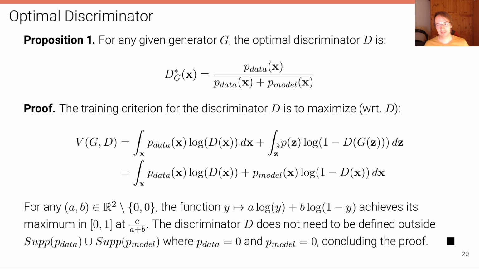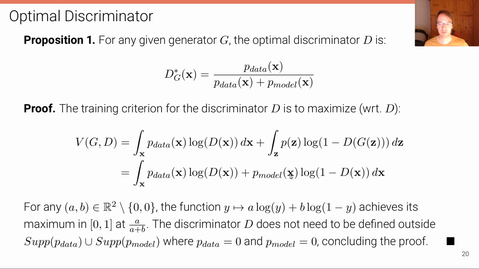Now, this expression here is equivalent to this expression where we have the integral over X, but on the right hand side we've replaced the prior over C with the actual model distribution that's induced by combining samples from the prior with this deterministic mapping G. So you can see that the G has disappeared, but we're taking directly the model distribution that's induced by the prior and the generator mapping jointly.